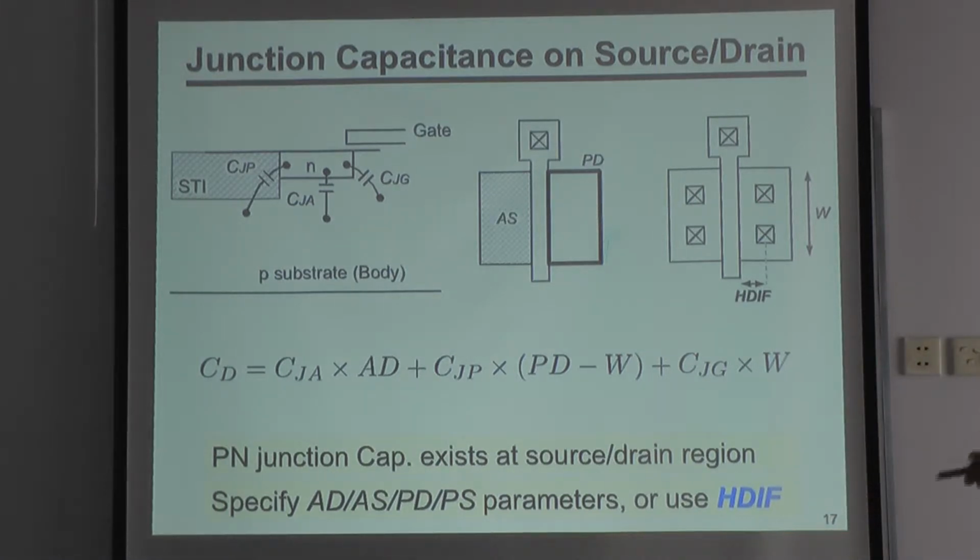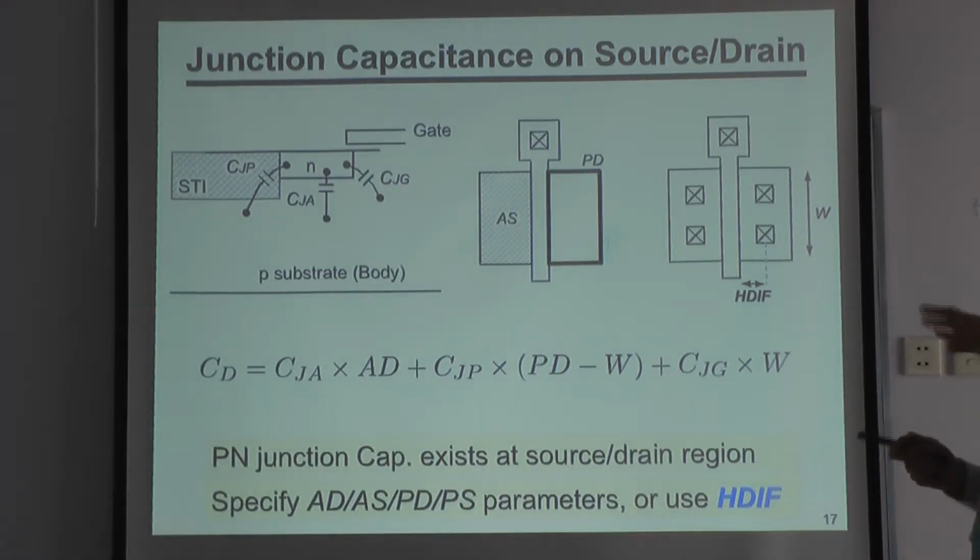So in some models we can use the HDIF parameter, and HDIF usually means the distance from the edge of the gate to the center of the contact, which is decided by process technologies. So once you have a process technology, this value is decided.